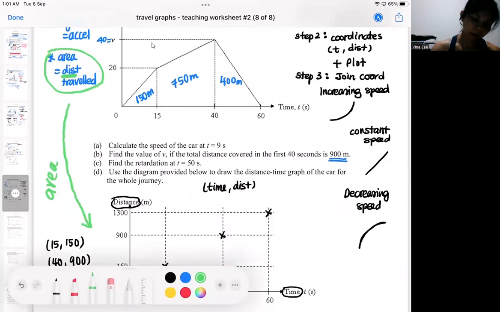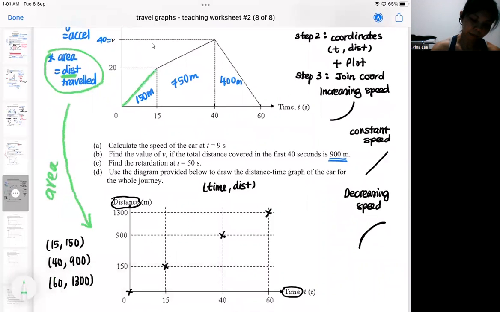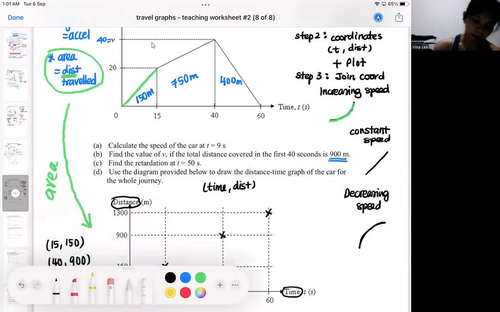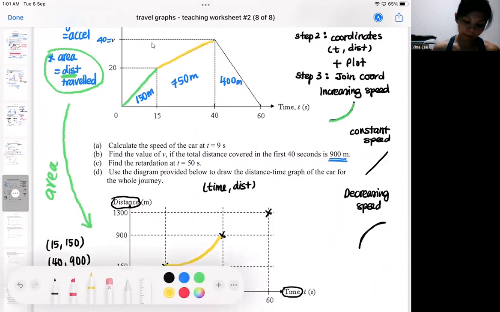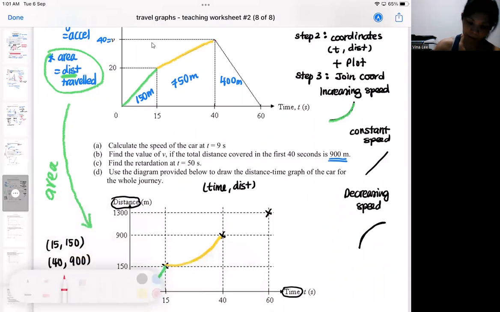So this is an increasing speed. So the curvature will be like this. This is still increasing speed. And then apparently this is a decreasing speed, slowing down.